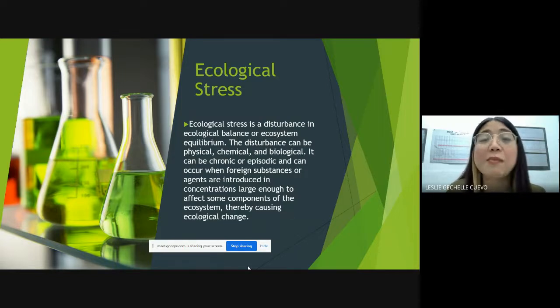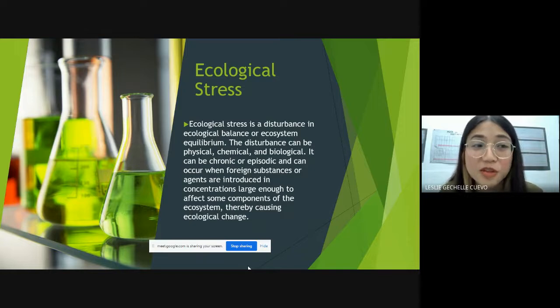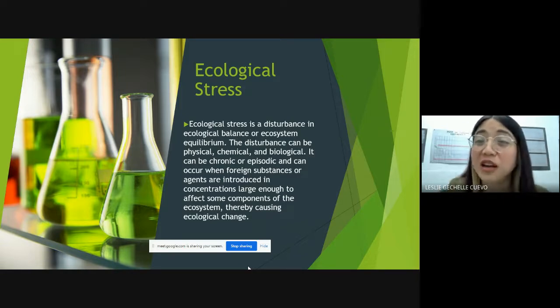So kapag may nababago sa isang ecosystem, it causes ecological stress. So literally, yung term na stress, kung papaano natin naiintindihan yung term na stress, ganun din siya. I-apply mo lang sa ecology or sa ecosystem. Yun na yung ecological stress kapag may nababago, kapag may hindi nakukuha, kapag yun nga, disturbed siya.